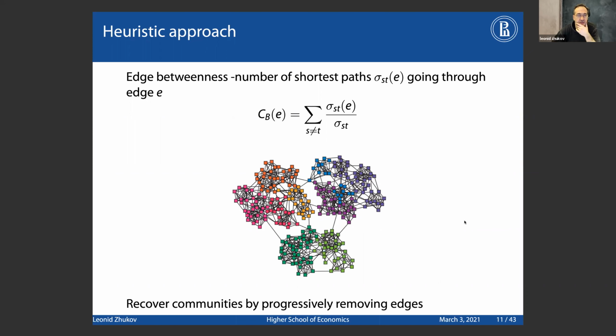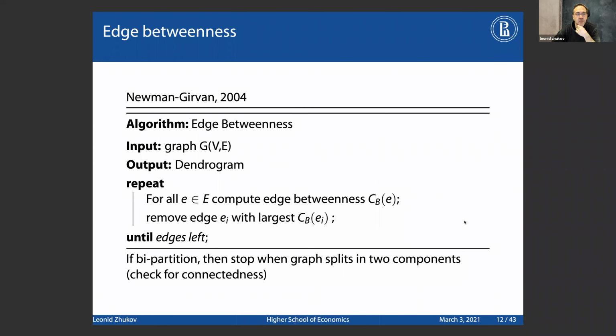And that's the algorithm, right? Compute edge betweenness, remove the edge with the largest betweenness, and keep doing it until the graph splits into two components. When that happens, you have two components. It's a bipartite sort of graph partitioning. And then if you want, you can continue recursively for each partition, keep doing the same procedure.